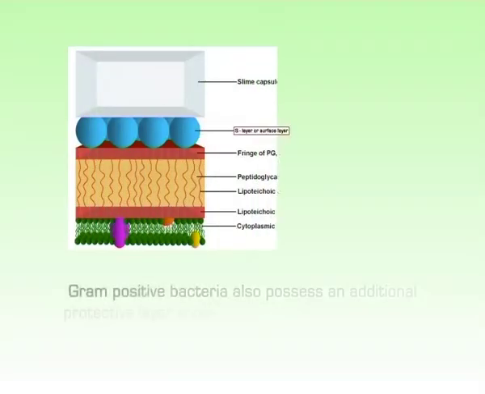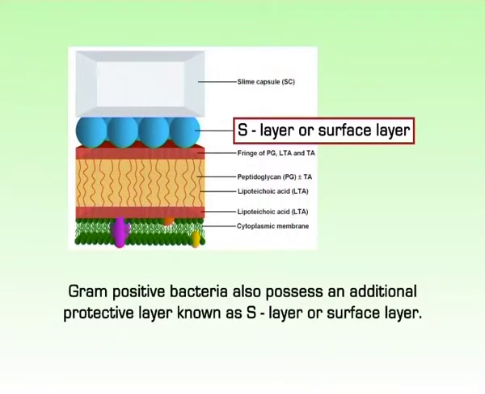Capsules also facilitate the attachment of bacteria on the surface of solid objects in aquatic environments or to tissue surfaces in plant and animal hosts. The gram-positive bacteria also possess an additional protective layer that is known as the S layer or the surface layer.